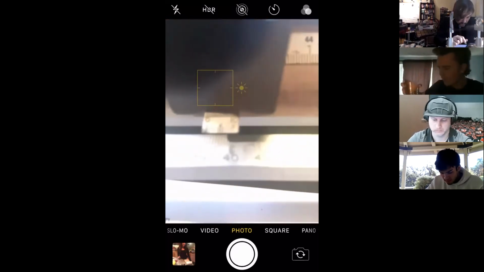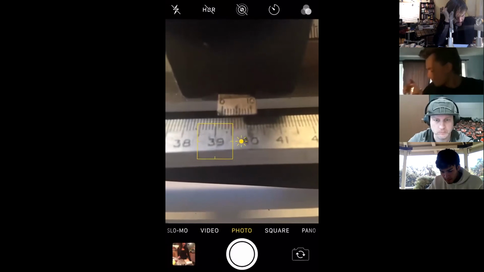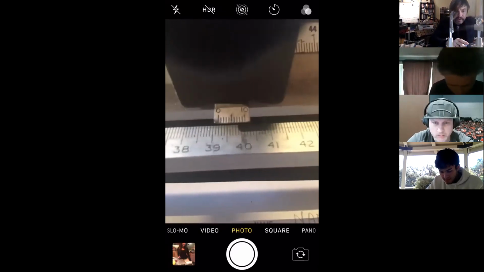Sharply focused image, lens. 39.6. Yeah, okay. Actually, there's that little focus part. I think it's 39.7. Okay. It's close. 39.7 seems just a wee bit better, right?